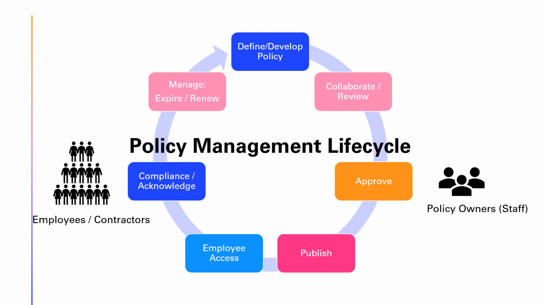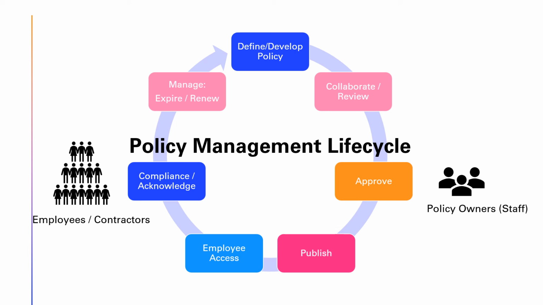You want to send an email out to them, let them know the policy's there with a link to the policy, and then actually have them acknowledge that they've gotten it and read it and have some way to track that. That's the only way that you can really assure compliance that stands up in the legal system, for instance. And then finally, as the policy goes through its life cycle, policies typically have a lifespan.